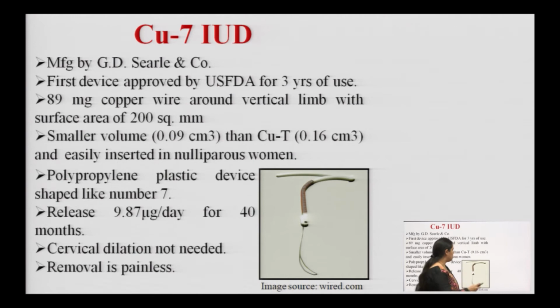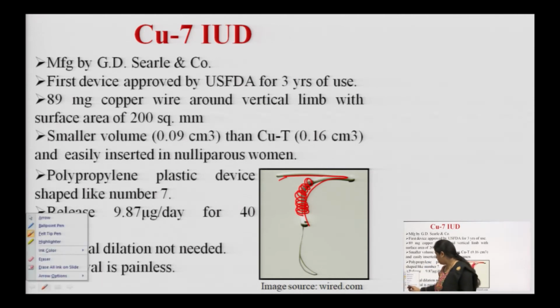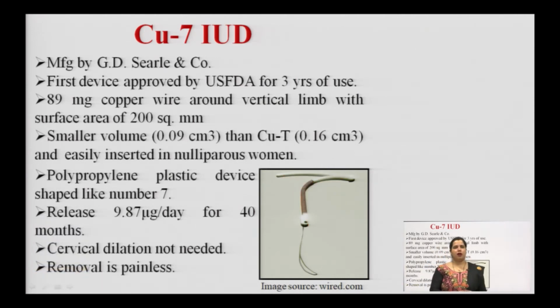You see, this is the basic stem and you see the copper wire coiling from this area. Nothing is present on the upper stem. So, this is the basic description. 89 mg copper wire around the vertical limb with surface area of 200 square mm is used in these types of IUDs.